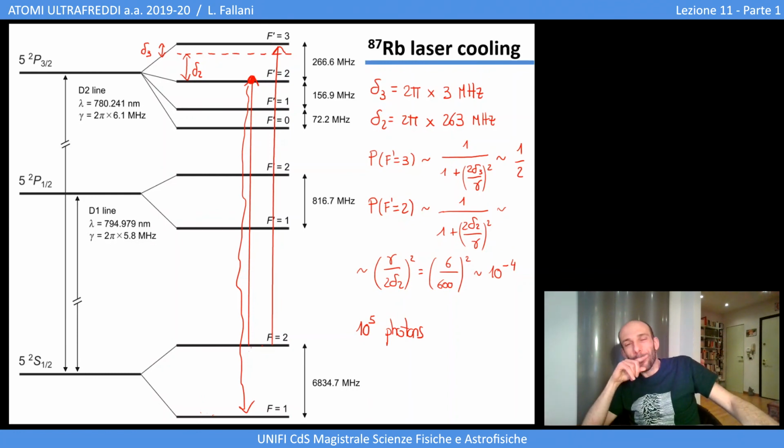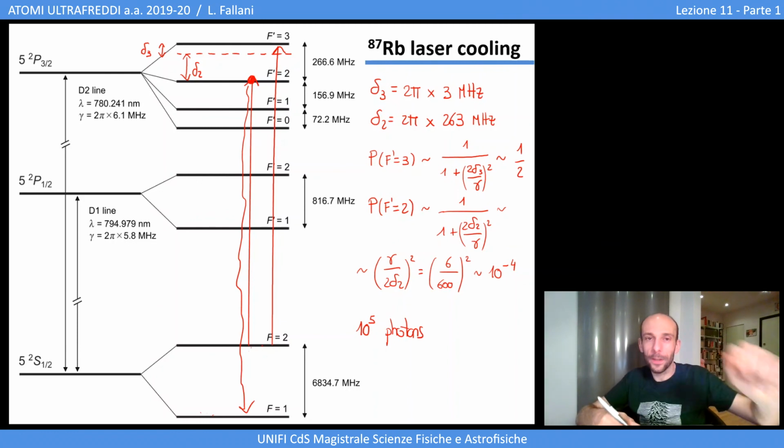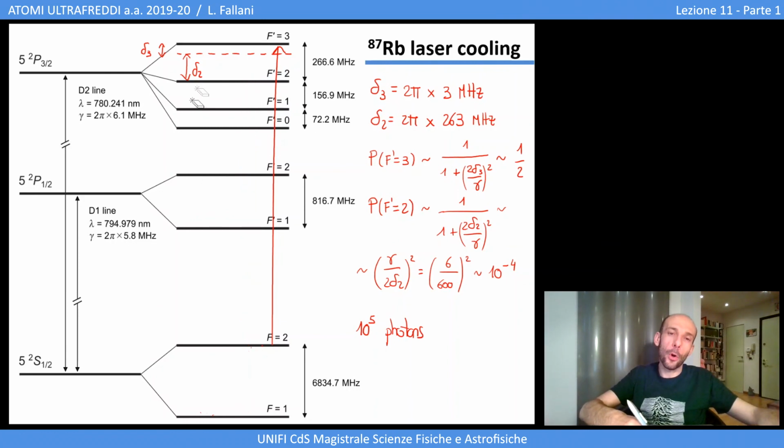So this is why laser cooling does not work, even if you have chosen the right transition, because of this pumping process due to non-resonant excitation of other hyperfine states.